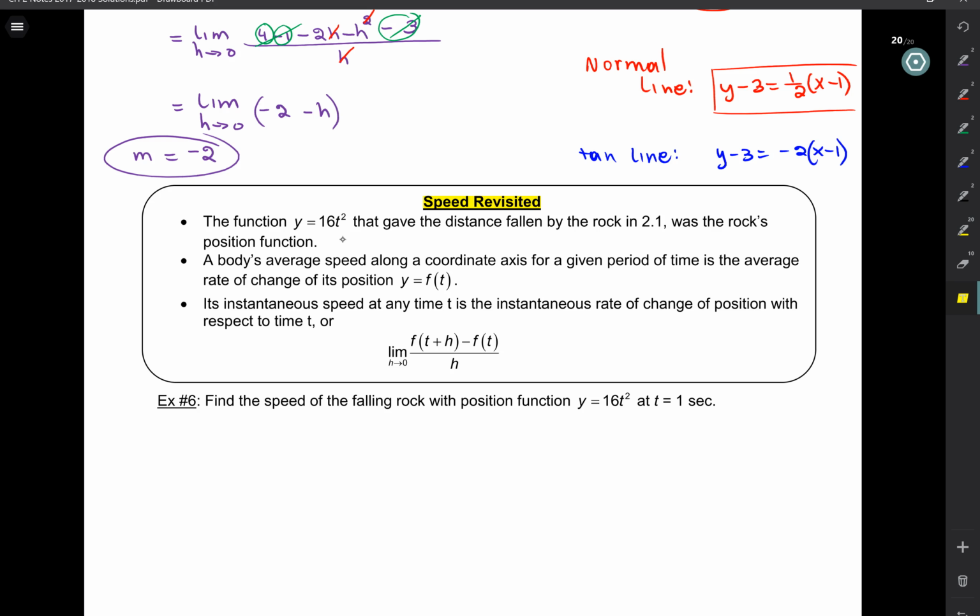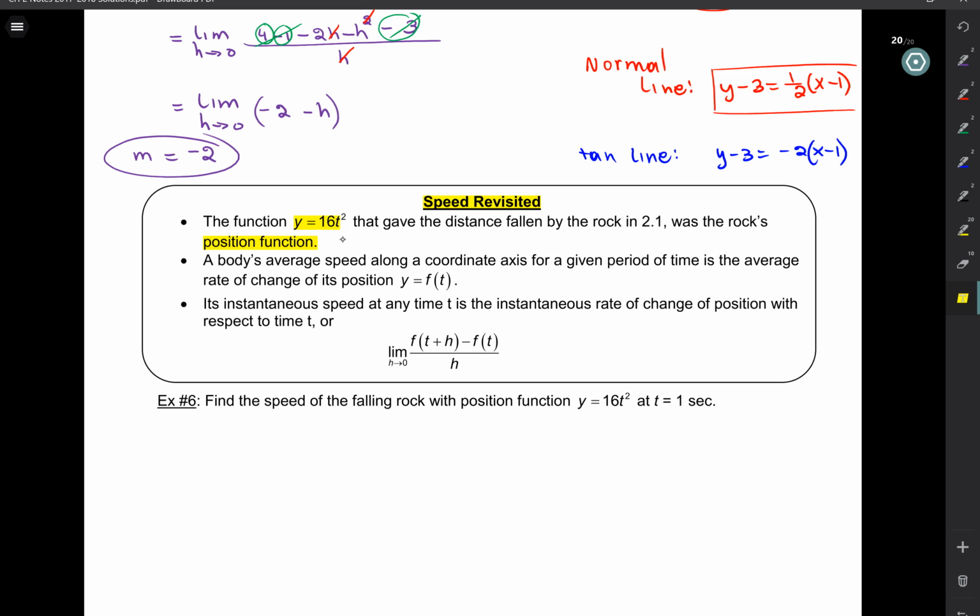When we were looking at speed in section 2.1, we said that this 16t squared was the equation for a falling object, right? It's the distance that the object fell.